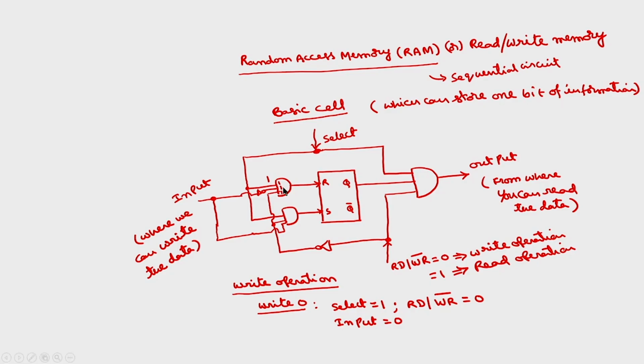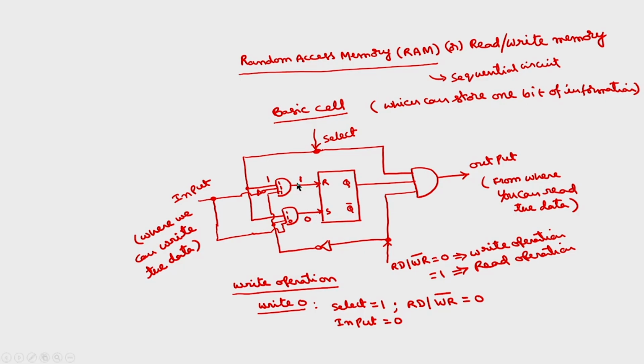So 3 inputs are 1. And what about the other gate? Input is 0, and read by write bar is 0, but through the NOT gate this will be 1. So the output of this AND gate will be, because 3 inputs are 1, this is 1, this is 0.